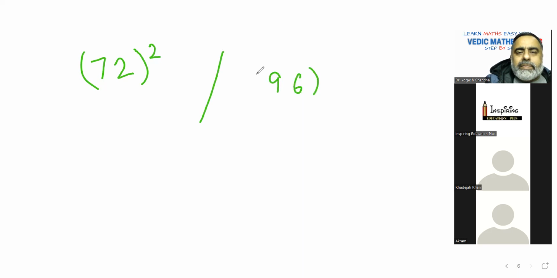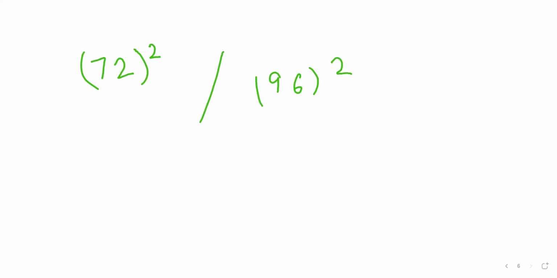96. 2 questions you can do this way, then we'll just switch over. Directly you can apply. Nine two one six, sir.